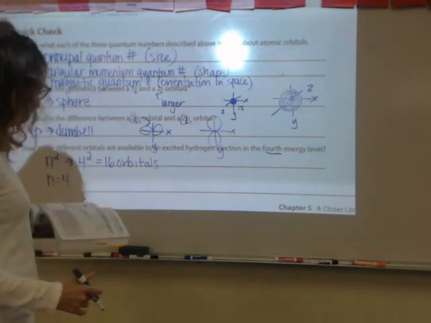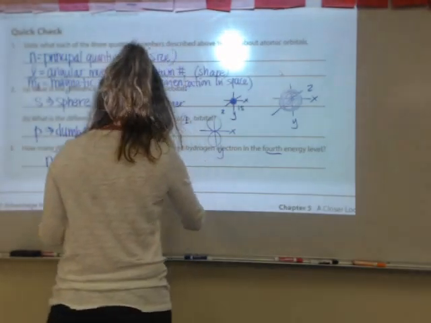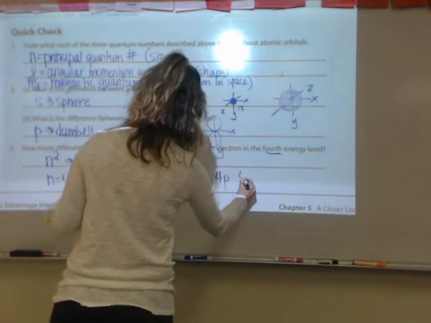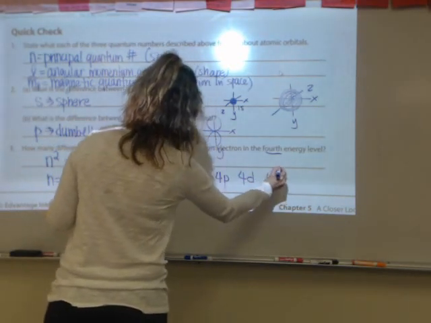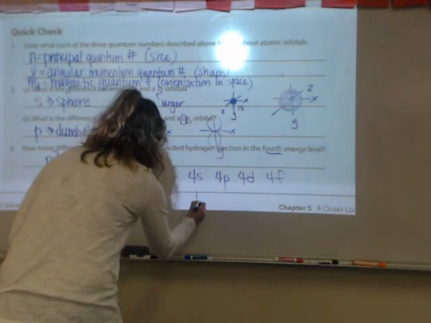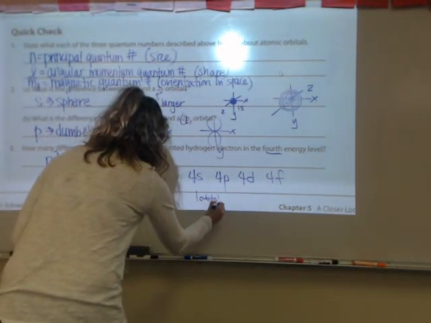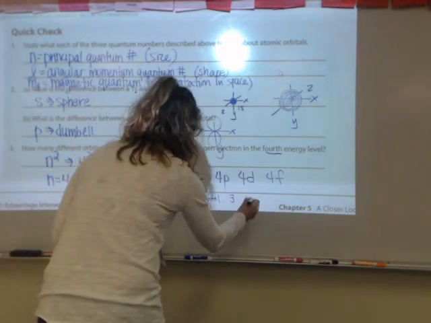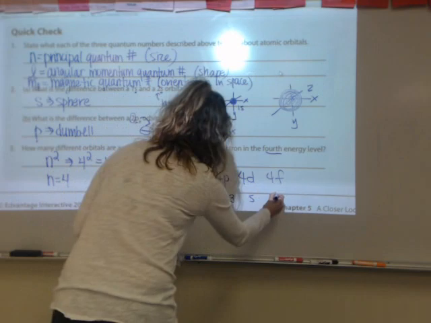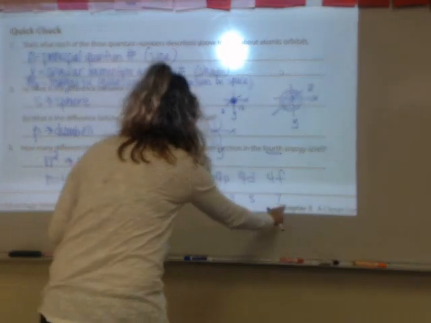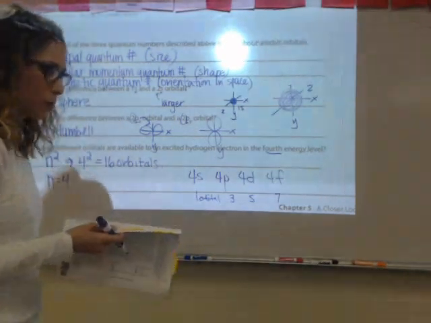If I look at the periodic table, you would have, in the 4th energy level, a 4s, a 4p, a 4d, and a 4f. So remember, there is 1 orbital in each s. There are 3 orbitals in p's, 5 in d's, and 7 in f's. So if you add all of these together, you get the 16 orbitals.